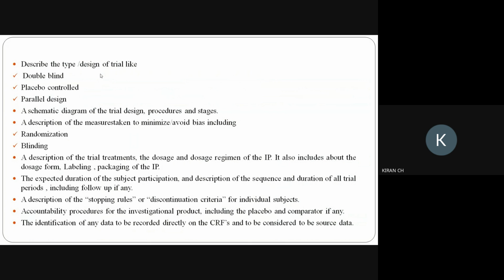We cannot know the efficacy of the active group if we don't have any comparison. That's the reason we take the placebo group also. And so here the question will arise, to which patient we have to give placebo, and to which patient we have to give the active drug. That's the reason we do randomization.